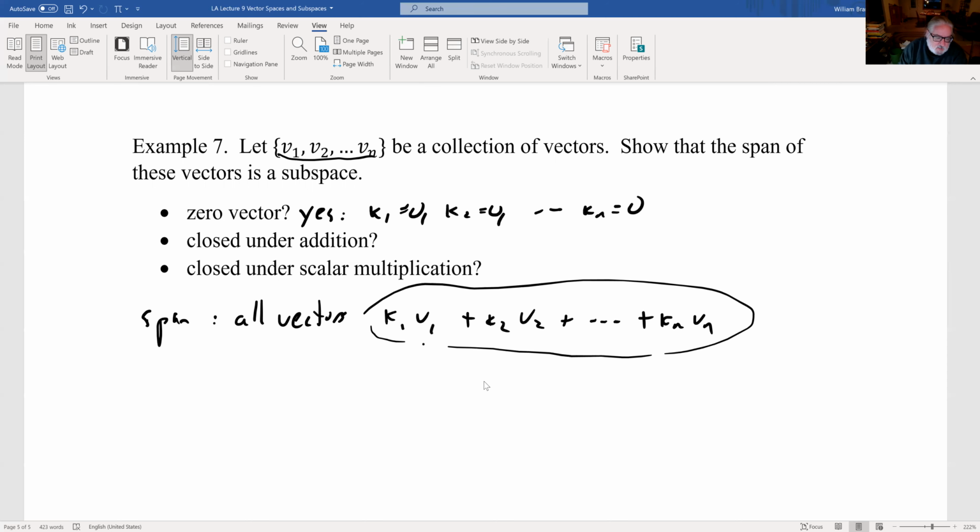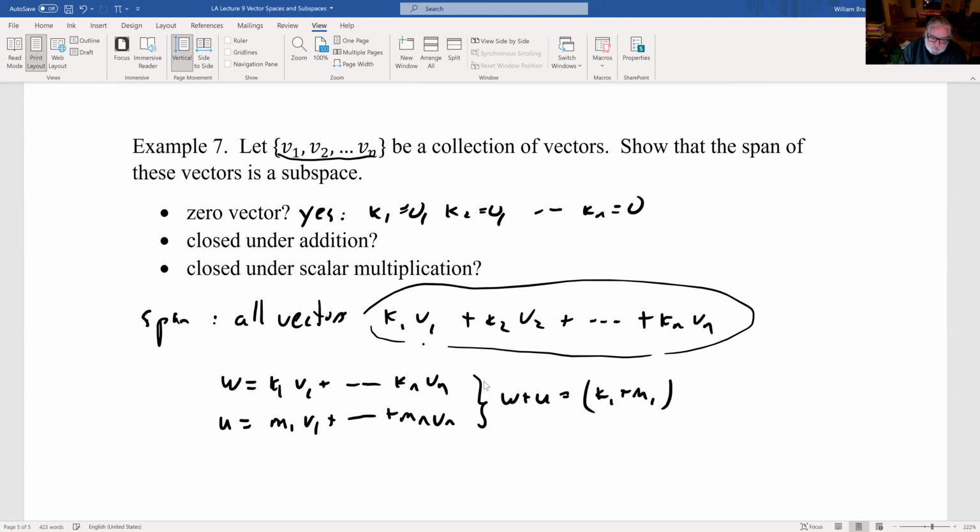Is it closed under addition? Well, if we have one vector, say w, equal to some linear combination of v1 through vn, k1 v1 plus ... plus kn vn, and u is another vector of this form, then w plus u is (k1 plus m1) v1 plus ... plus (kn plus mn) vn.